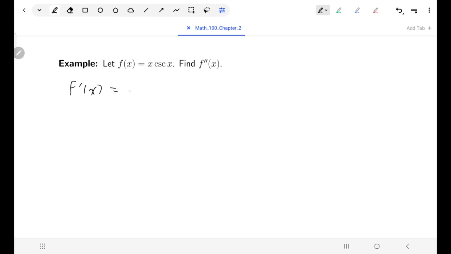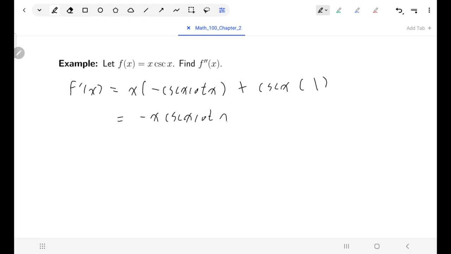First thing as it is, derivative of the second, derivative of cosecant is negative cosecant cotangent, plus the second thing as it is times the derivative of the first, and the derivative of x is 1. I'm just going to clean things up a little bit here. So I've got negative x cosecant cotangent plus cosecant.